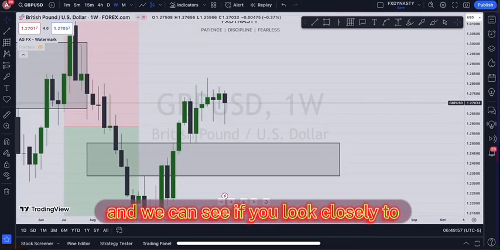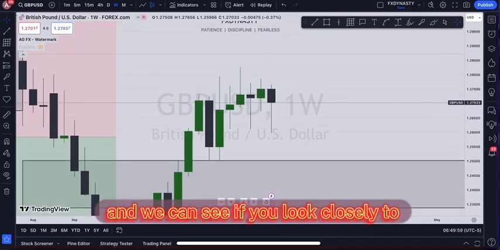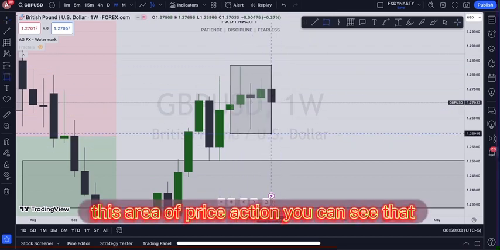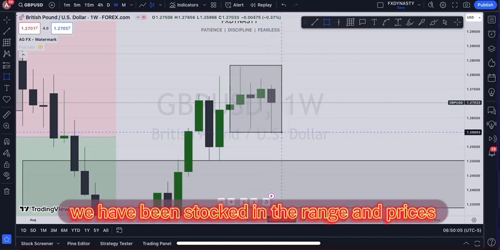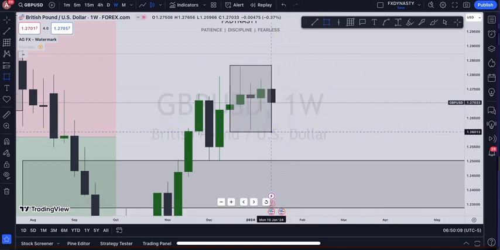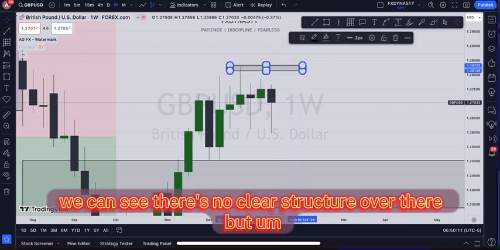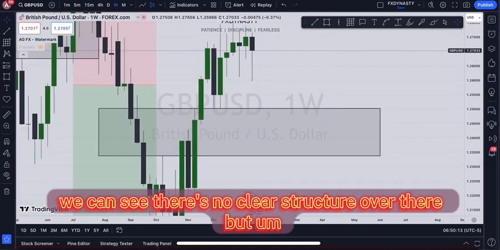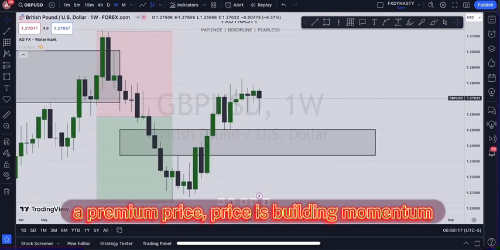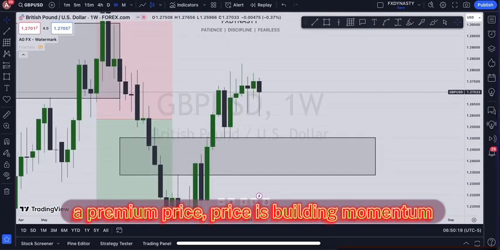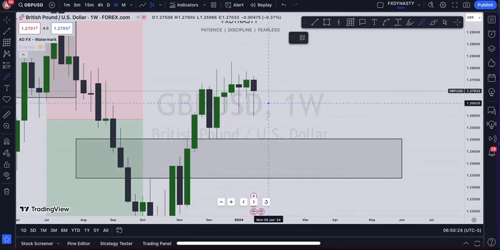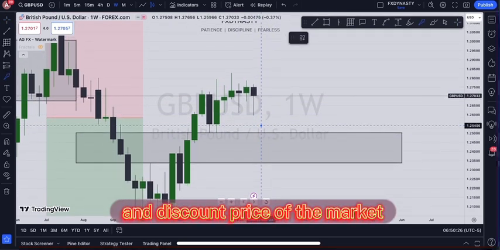And we can see, if you look closely at this area of price action, we have been stuck in a range and price is not going up or coming lower. We can see there's no clear structure over there, but we know because we are in a premium price, it is building momentum to draw to the discount price of the market.